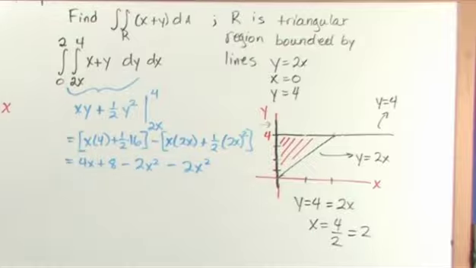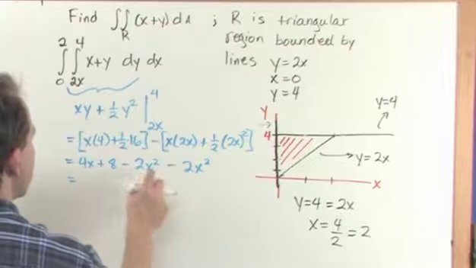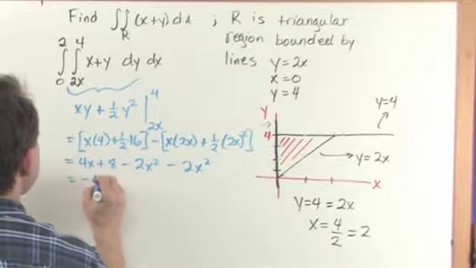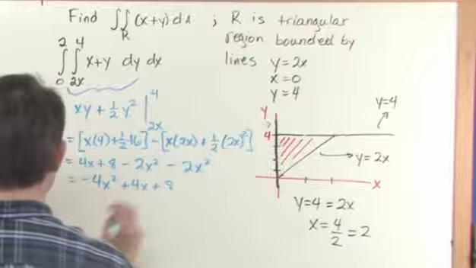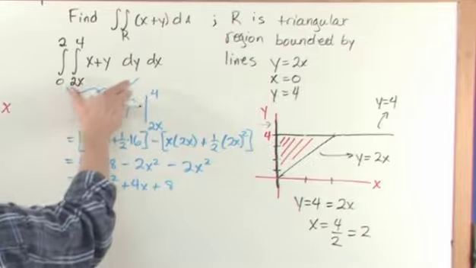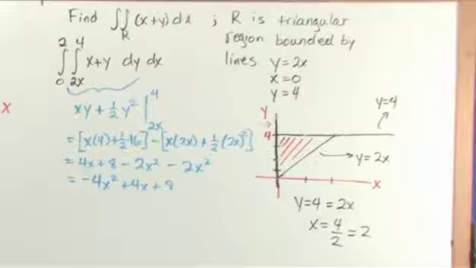And so at the end of the day, this is going to be negative 4x squared plus 4x plus 8. Okay, that was the answer to the inner integral after I did the evaluation.